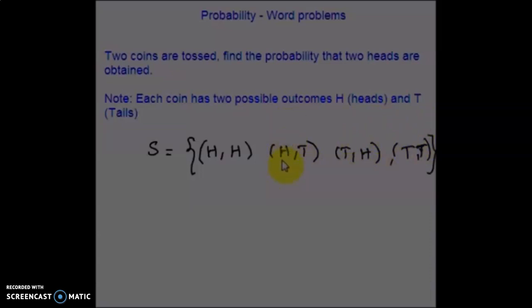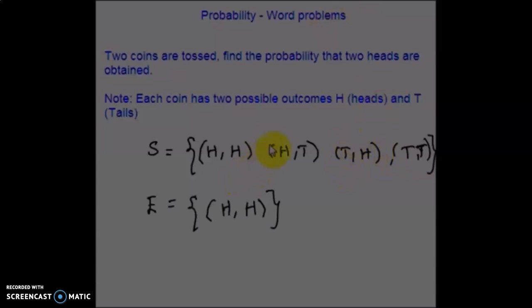In other words, the first coin gives head and the second gives tail, or the first gives tail and the second gives head, or both coins show tails or heads. So the total number of outcomes is 4. The favorable outcome is that 2 heads appear. You can see that only one time both heads appear.